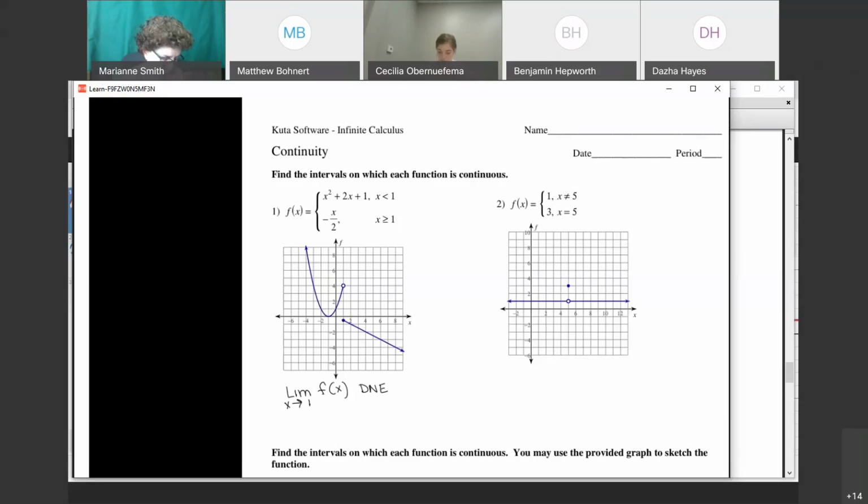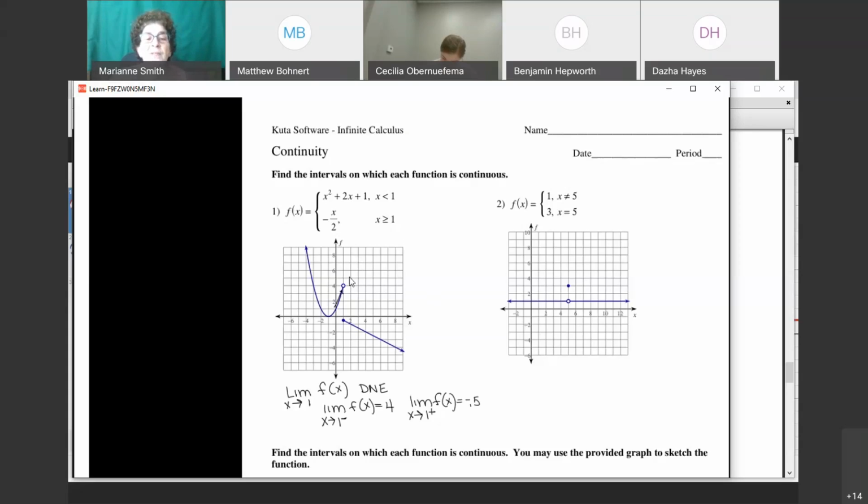Because as I travel along the function from the left, as x approaches 1 from the left, f of x is getting close to 4. And the limit as x approaches 1 from the right of f of x, I'm getting close to what looks like negative 0.5. So the two left and right hand limits don't match.